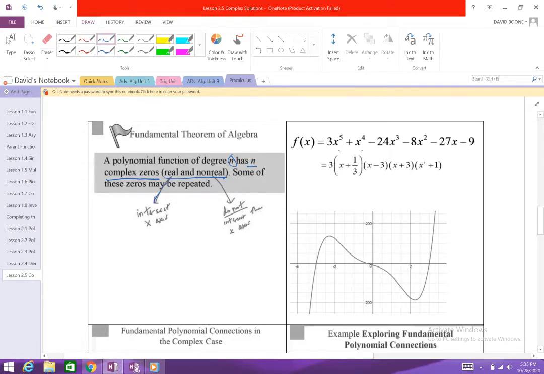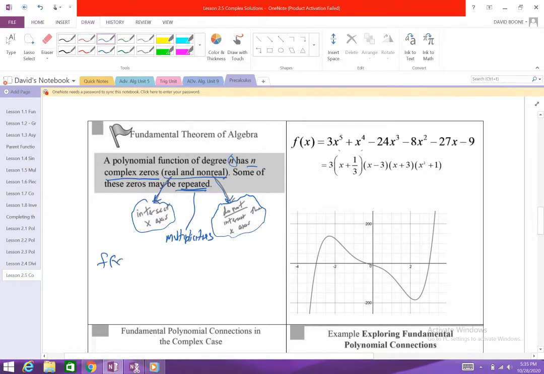In other words, real solutions will intersect the x-axis. Non-real or imaginary solutions do not intercept the x-axis. And some of these zeros may be repeated, which, remember, are our multiplicities.